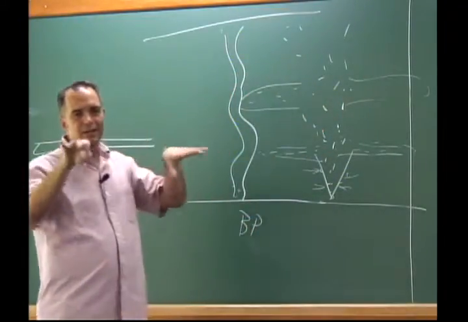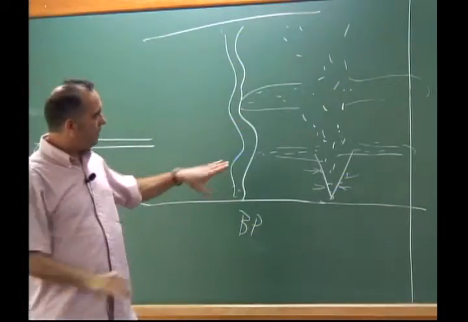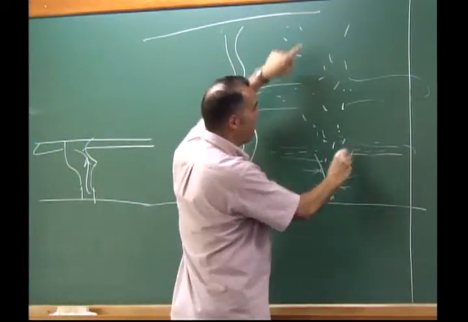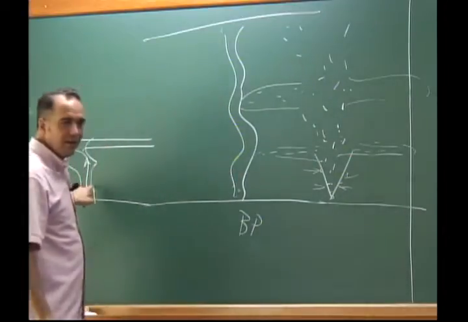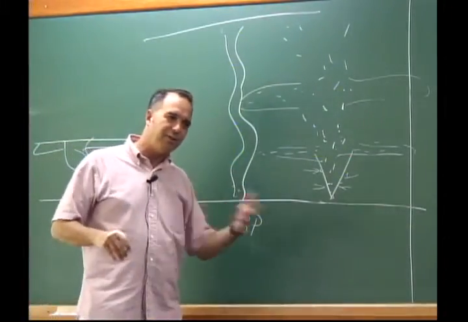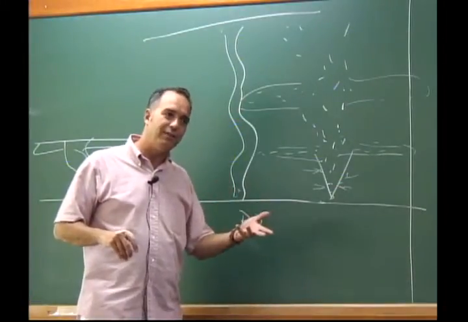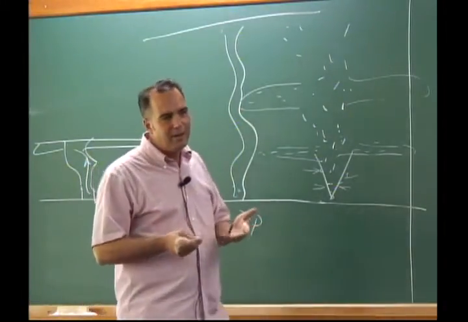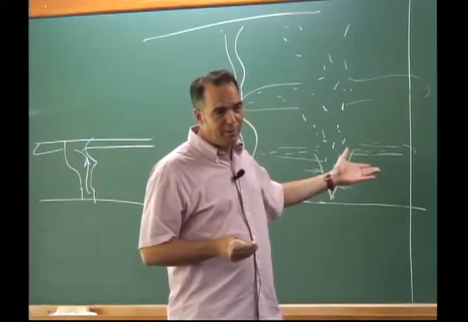You get these discrete intrusion layers, and so this oil, instead of surfacing as it would here or here, goes throughout the water column. These dispersants are simply surfactants. They decrease the surface tension, so they make it easier for the stuff to break up. So this was the big problem.